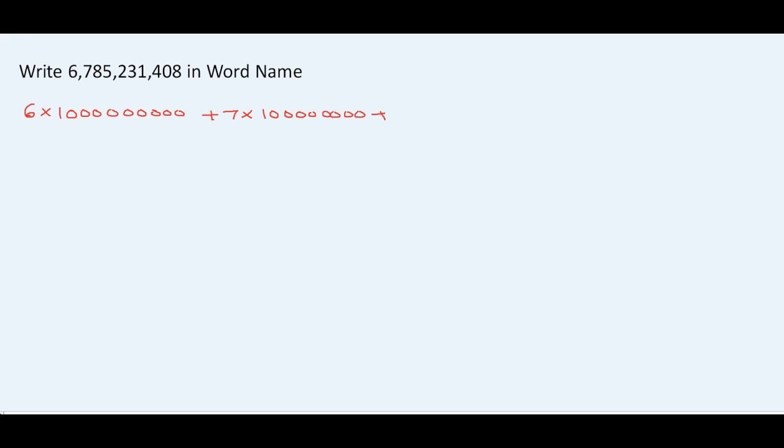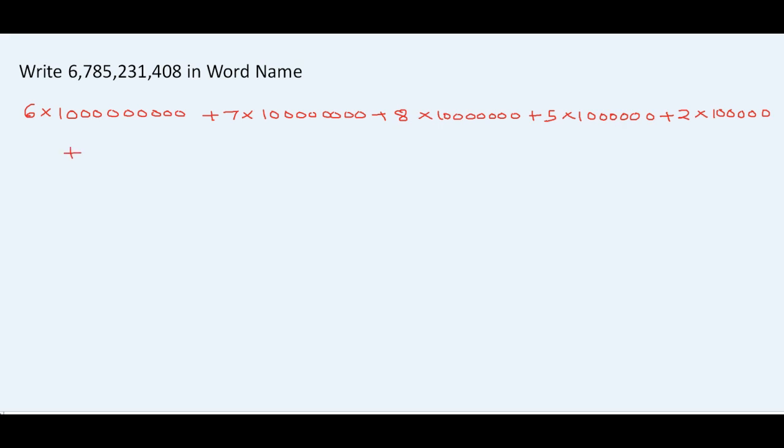So we have 7 zeros, plus 5, and then we multiply by 1, and we have 6 digits after that, so we have 6 zeros, plus 2, we multiply by 1, and we have 5 zeros.